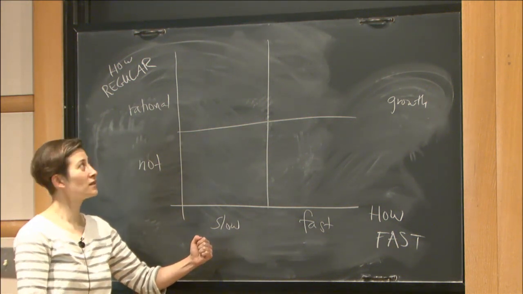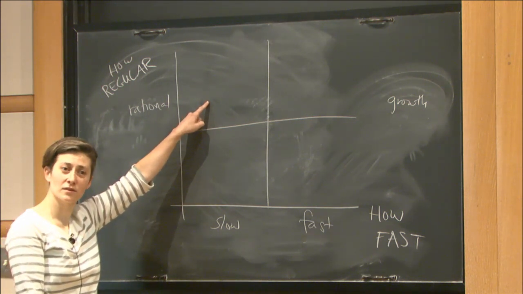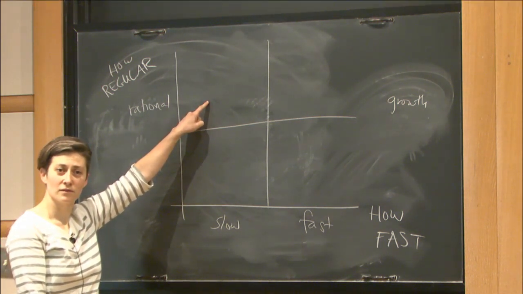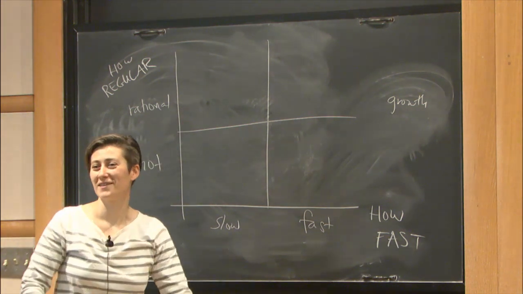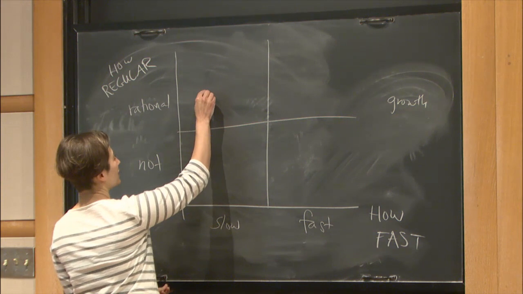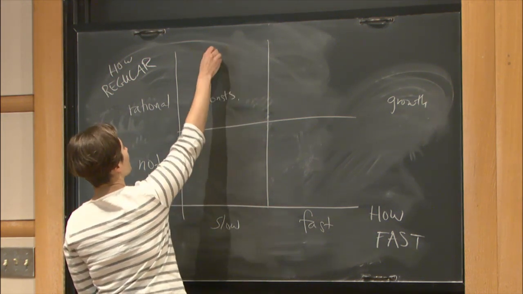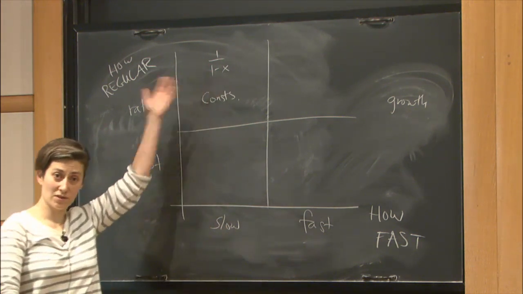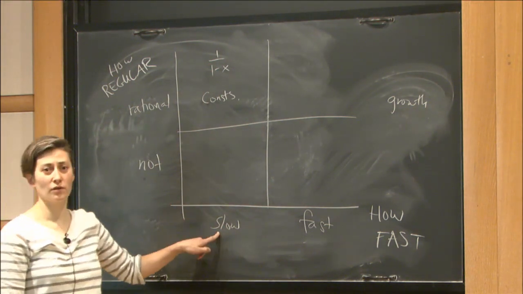Let's fill this in. So what's rational and slow, for instance? Polynomials, sure. Or constants, like 1 over 1 minus x. That's a constant sequence. What's not rational and still slow?